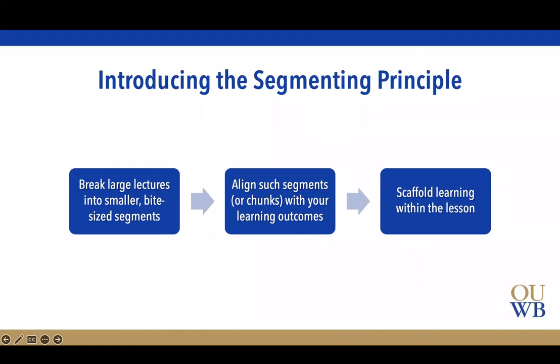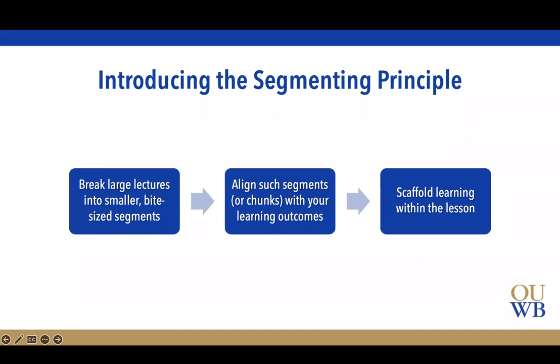I'll visualize this for you in a moment, but where possible, if you're breaking stuff down into chunks, that's sort of the ID terminology for this, try and align those chunks with the session outcomes for your session. So if you have 1, 2, 3, 4, 5 learning outcomes, try and organize your presentation in such a way that there's 5 sections to it.